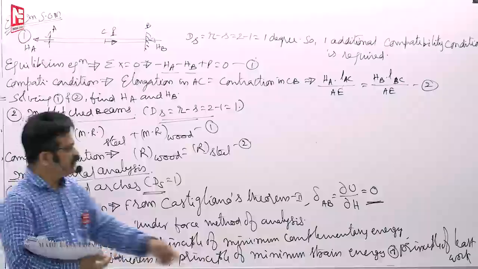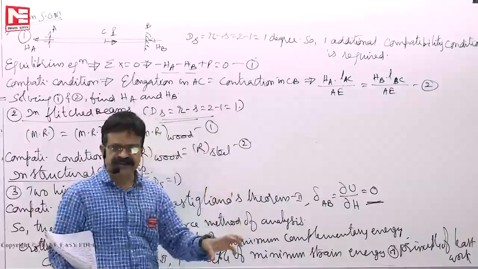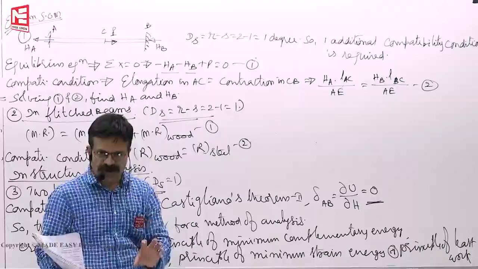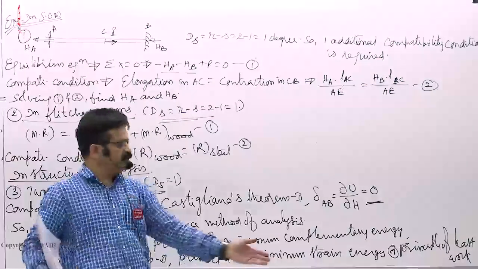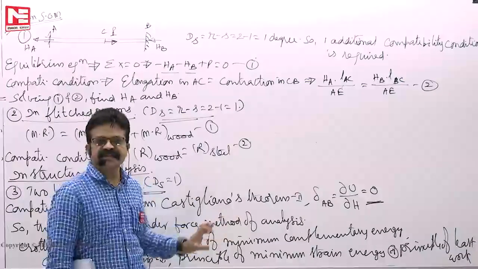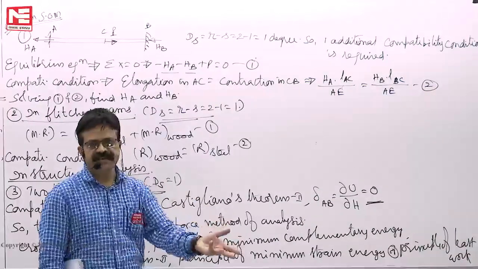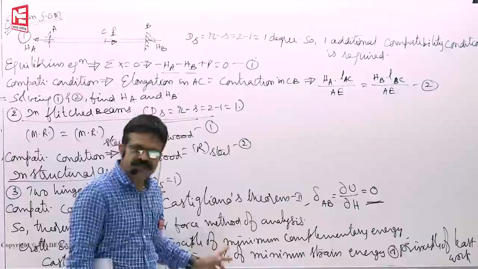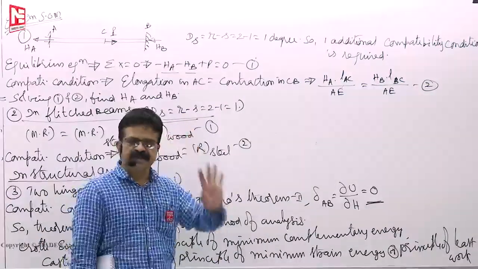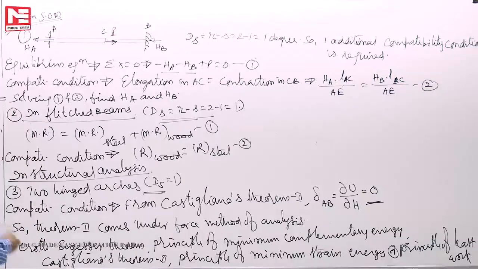Because dou U by dou X or dou U by dou H, the strain energy you are differentiating with respect to force, then what you get is the minimum strain energy. Dou U by dou H means Castigliano's theorem 2. So that means it is a force method of analysis because forces are unknowns in that method. A set of compatibility conditions we are getting. Okay. So this is about two hinged arches.